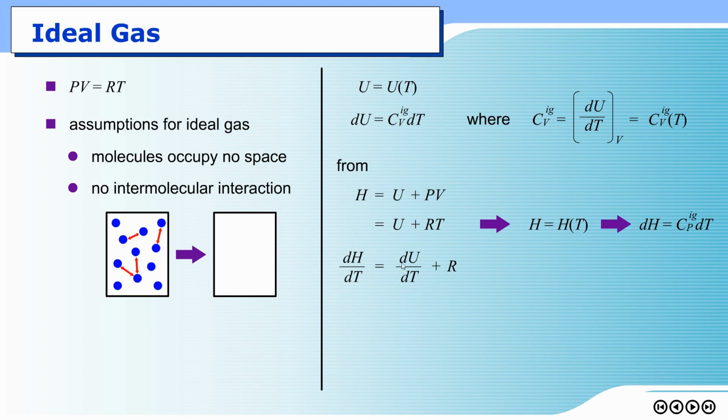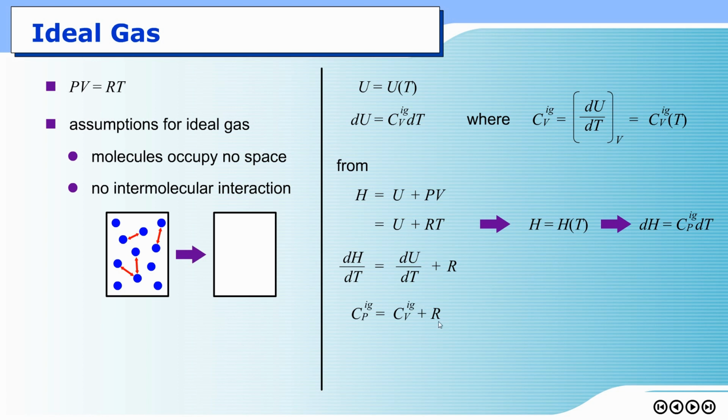Lastly, from this equation, if you take the derivative with respect to temperature, the temperature here would be differentiated to get dT/dT, which is 1. Okay, dH/dT, from this equation you end up with Cp, while dU/dT here you end up, from this equation, with Cv.